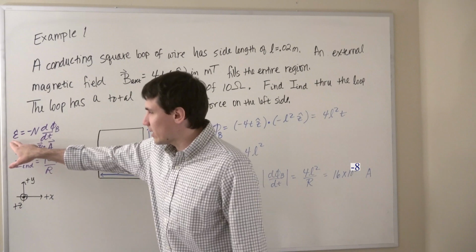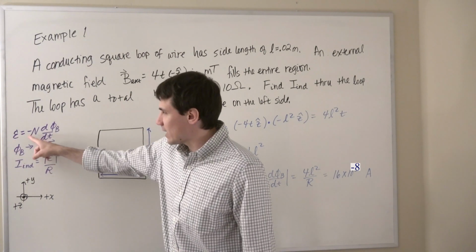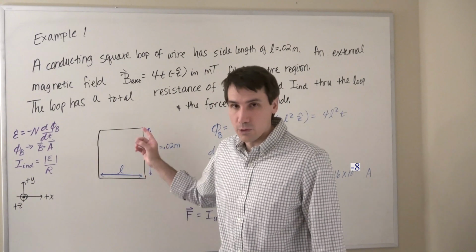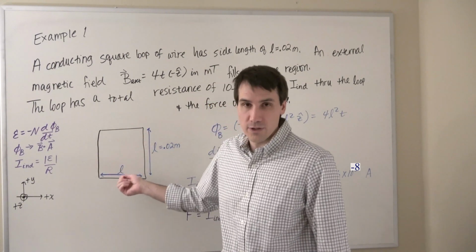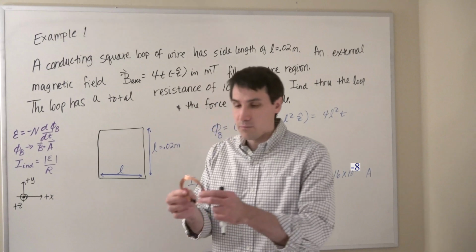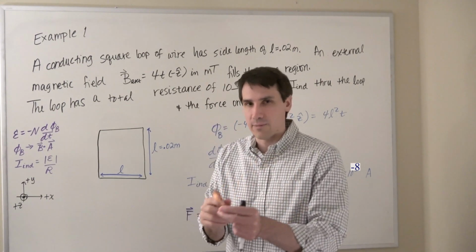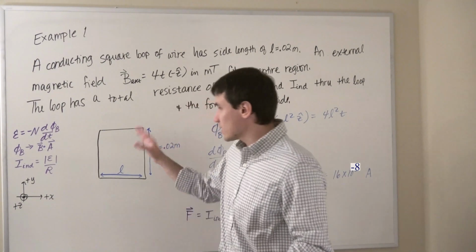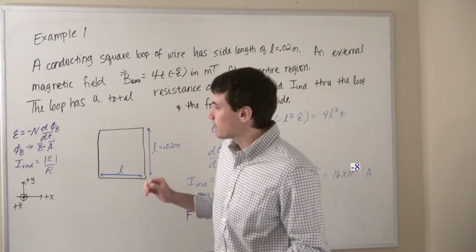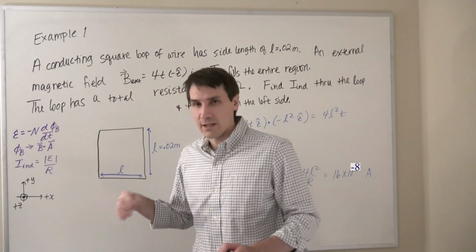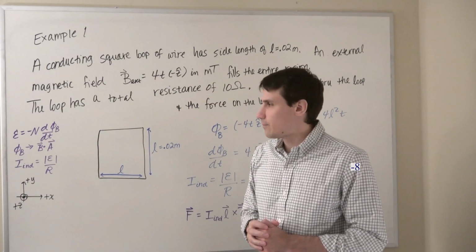So we have the EMF, which is equal to negative n, where n is the number of turns in our loop. Here we're only going to have one turn in our loop, but we could have many, as in this copper wire here, where I have wound it many, many times. But in this case, we're only going to have one turn. And we have then the derivative of the magnetic flux with respect to time.